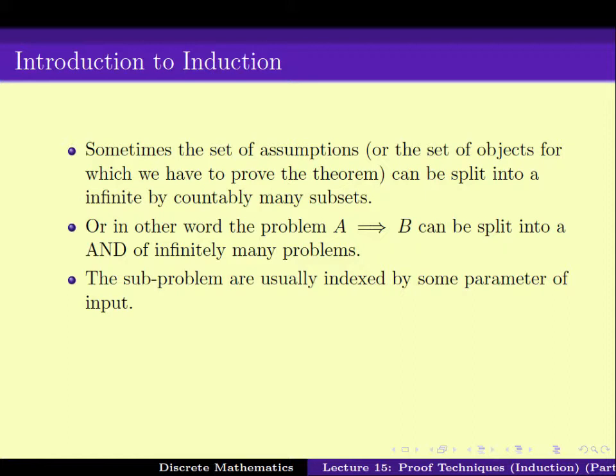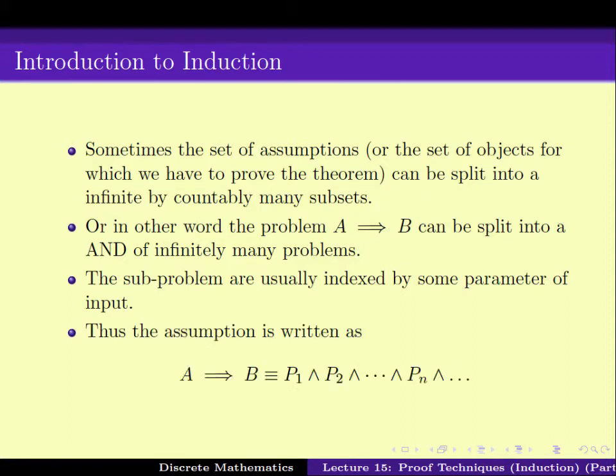The sub-problems are usually parameterized, or indexed, by some parameter of the input. So in other words, one writes this whole thing of A implies B as P1 and P2 and so on, an infinite collection of them. Thus, to prove A implies B, one needs to prove that this Pi holds for all the i's.